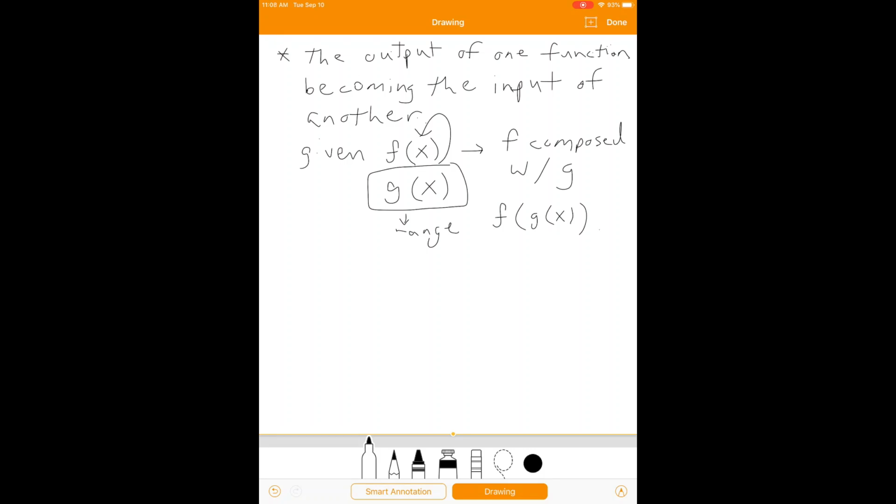So specifically, I said today we would be talking about the domain and range of a function. So the first example we're going to start with today is f of x equals the square root of x minus 8. G of x is going to be equal to 2x squared.